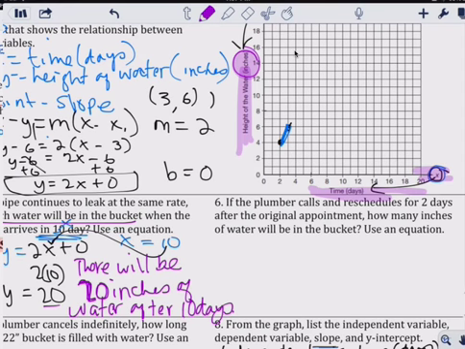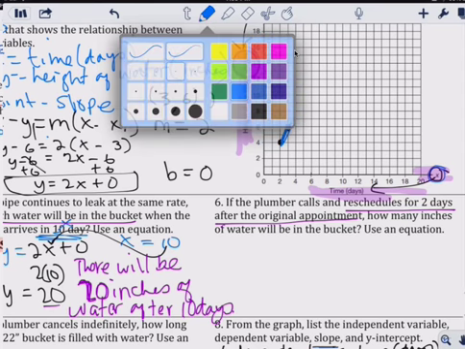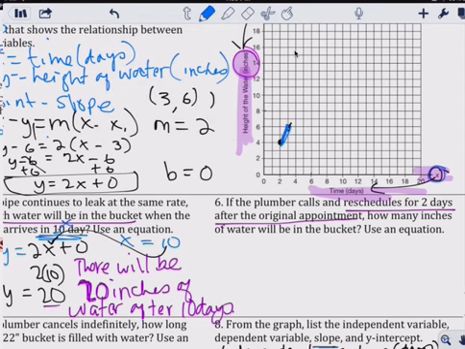If the plumber calls and reschedules for 2 days after the original appointment, so 2 days more, it's not 10. Remember now it's 2 days after the original appointment was 10 days plus the 2 days, so now x is 12. Okay, so we got y equals 2x plus 0.